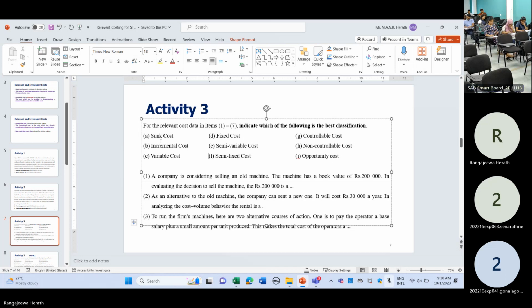Variable cost is cost that varies proportionately to the number of units produced. I hope you are aware of that. Variable cost varies when the number of units produced varies. Fixed cost remains constant over a given range of output.